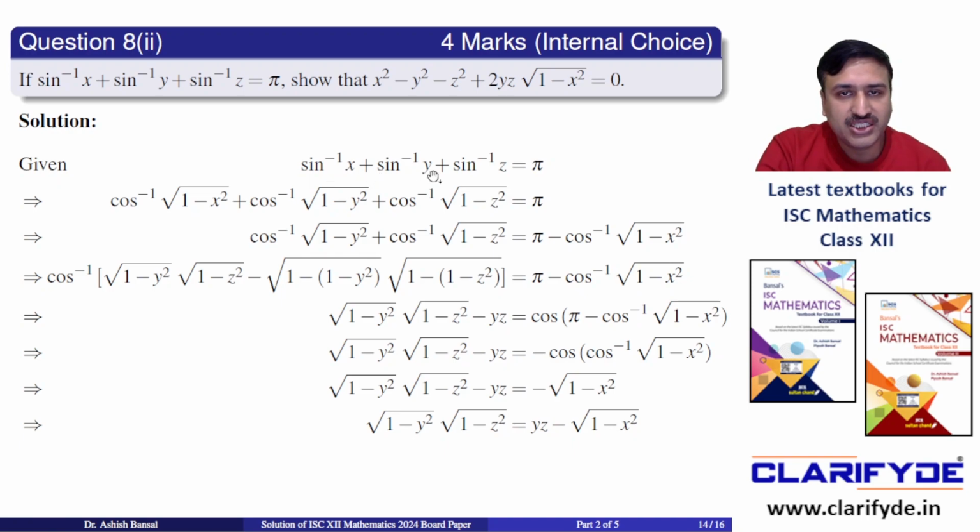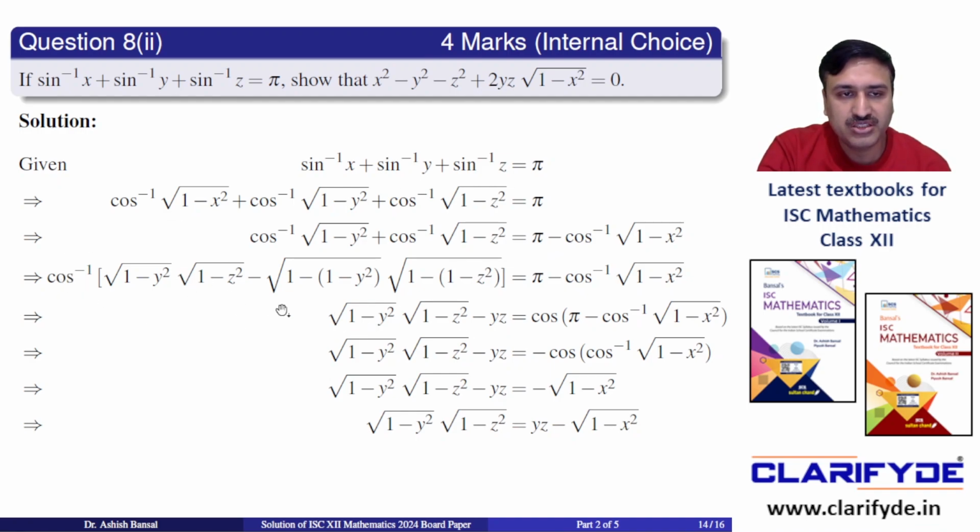Now sin inverse x plus sin inverse y plus sin inverse z equal to pi. We are replacing sin inverse x by cos inverse root 1 minus x square, and similarly sin inverse y and sin inverse z. Taking this x term on the right hand side, now we apply the formula for cos inverse a plus cos inverse b to get this. Now cos can be taken to this side.